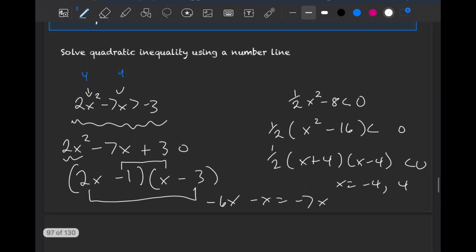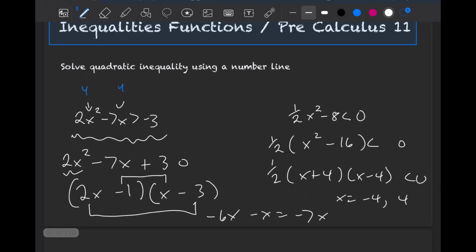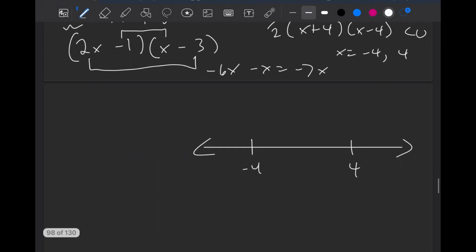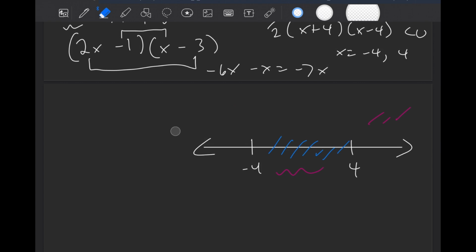So plug in numbers that are in between minus 4 and 4. If we plug in 0, we'll have minus 8 is less than 0, which is true. So this is part of our solution. And you'll realize that if you do this correctly, it'll either be the two end ones, or it will be the middle one. But you can always plug and play to make sure that what you're getting is right.